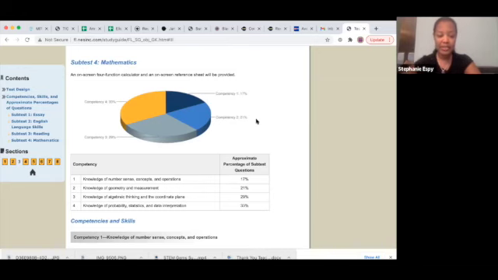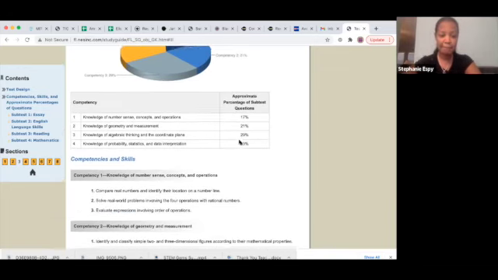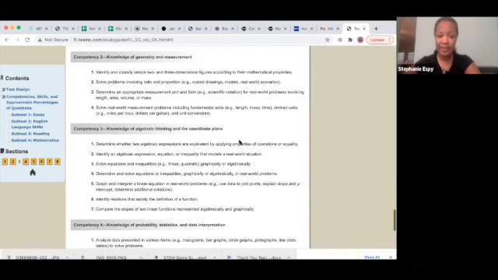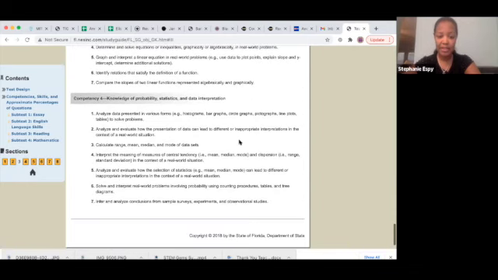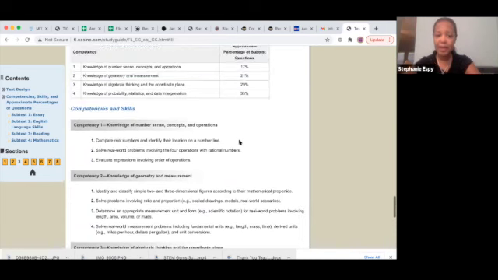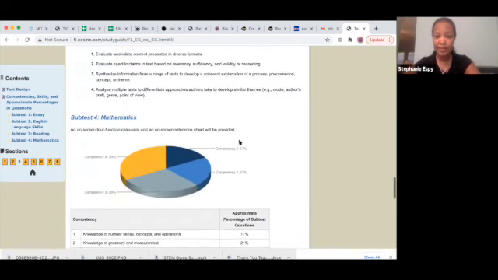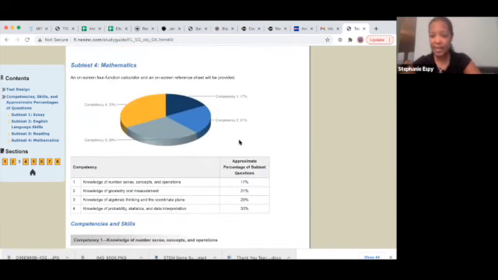It breaks it down into more in-depth competencies if you scroll down the page. This is the public website. You can go to this website and pull it up for yourself. What I figured we would do today is some practice questions that are posted on this website.